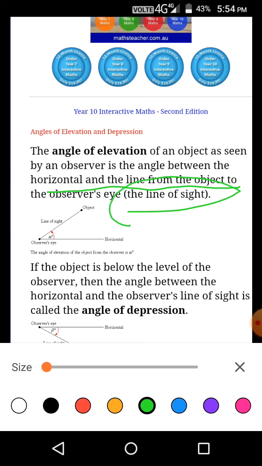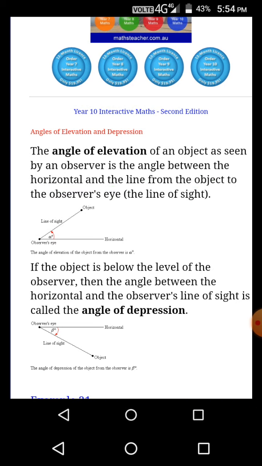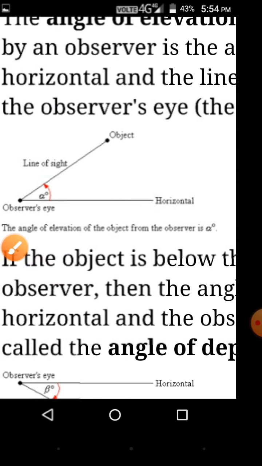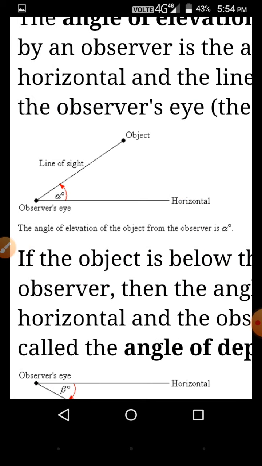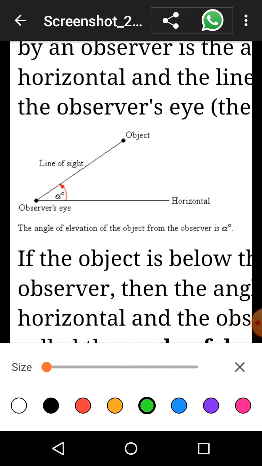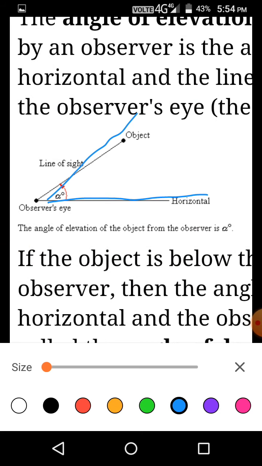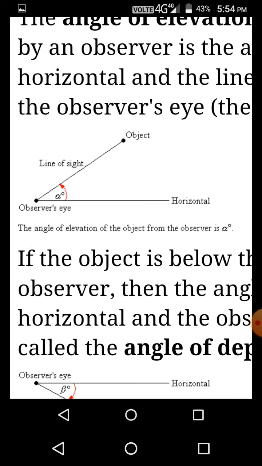Remember, it's always up. You have to look up in order to find the angle of elevation. So this, you can see, is looking up. This is the horizontal and this is the line of sight. So this is the angle of elevation. Right now this is, say, any angle, alpha or theta, could be any angle, right?